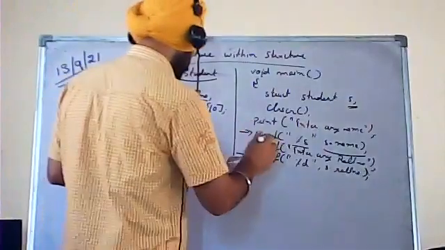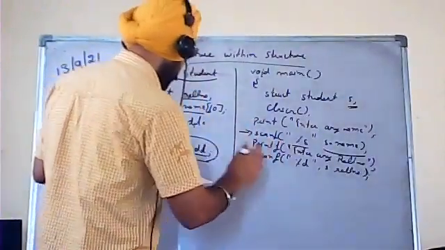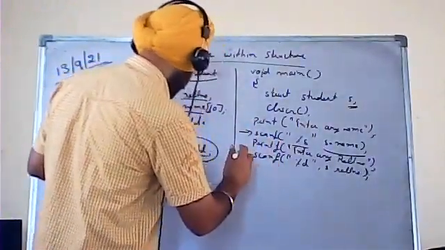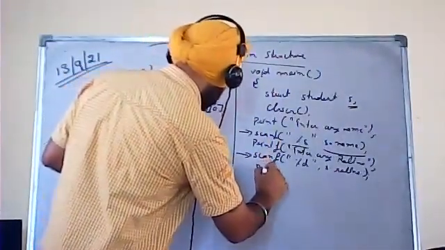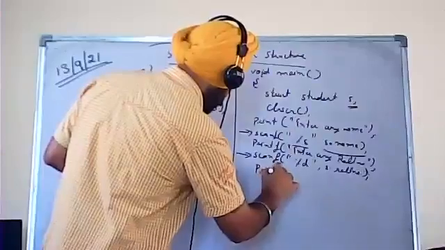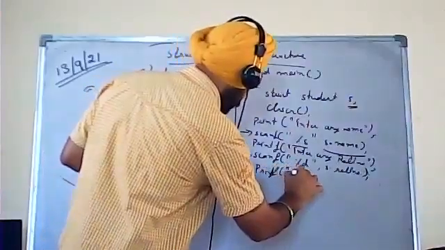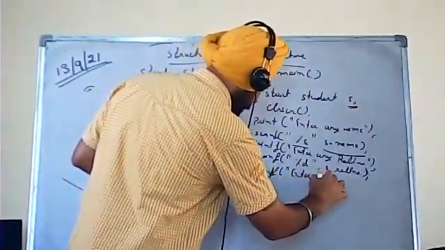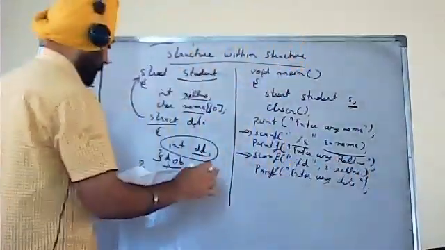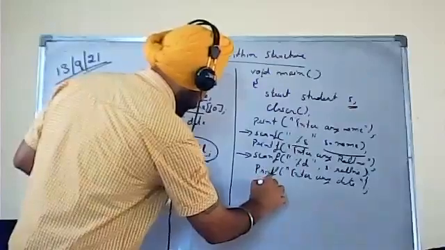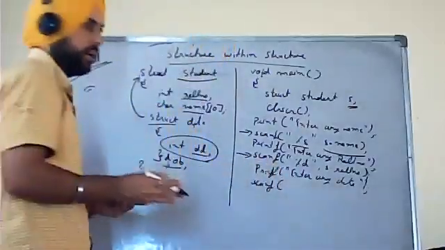And now we are calling the date of birth. So here I am going to use printf, enter any date of birth. Then after that I'm using scanf. Then how can we use scanf?